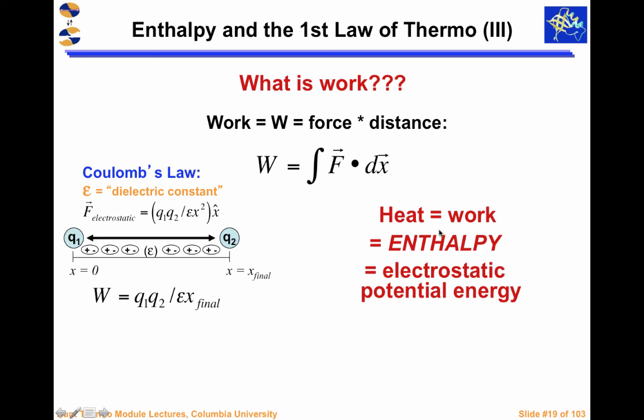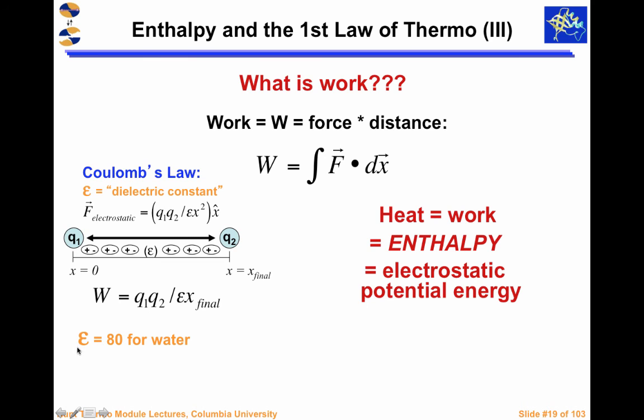This kind of enthalpy is called electrostatic potential energy. And again, the dielectric constant is an incredibly important factor in living systems, in material science, in many different areas of physics, but in particular for the evolution and biochemical function and biophysical analysis of proteins and of living systems.